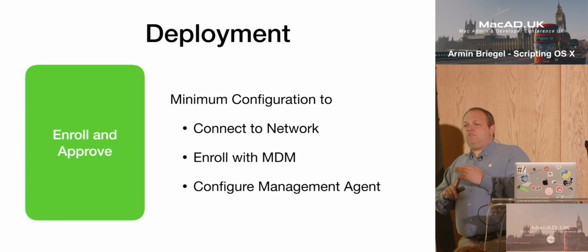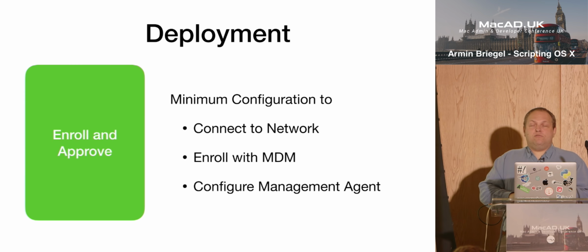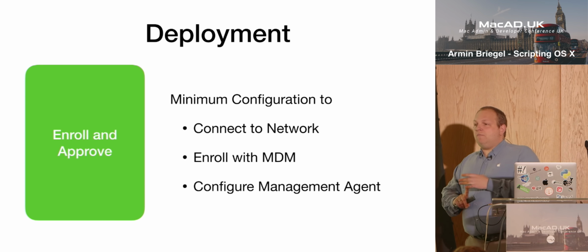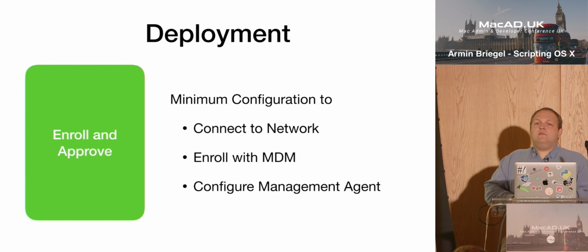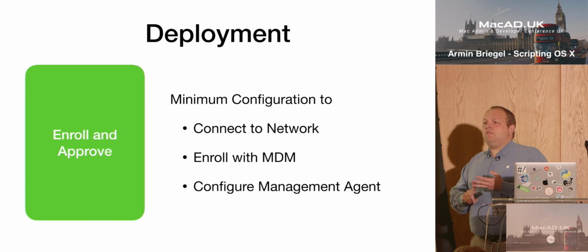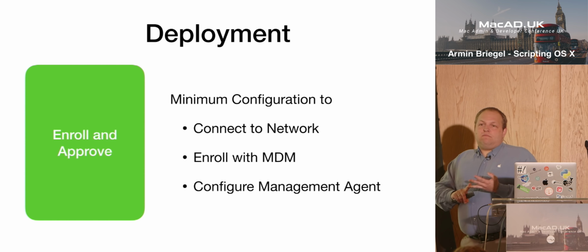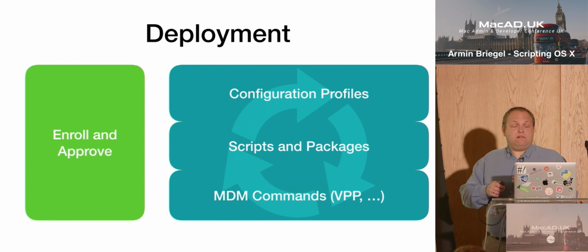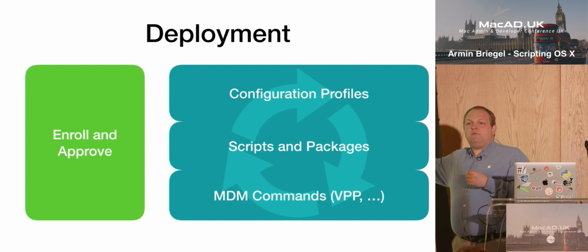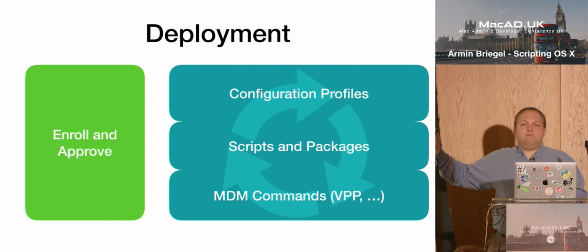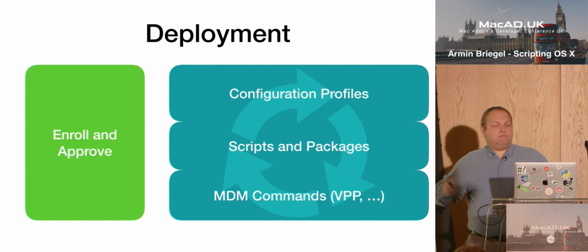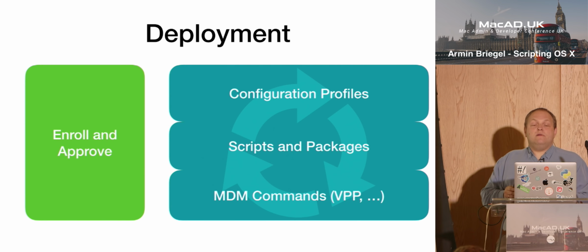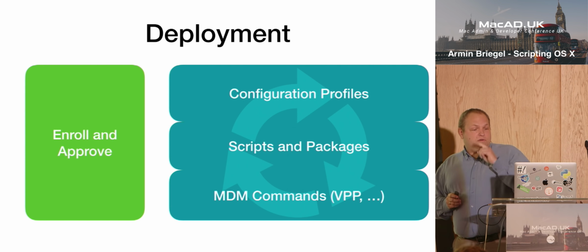The enroll and approve phase should connect to your MDM, find a way to get it user approved, configure your management agent, and depending on how secure your network is, you probably need a step to connect to the network before that, or not. Everything else should be done by the management system afterwards. And some things will kick in, of course, immediately and install, but it's the management system's problem. At this point, your management system can take over.